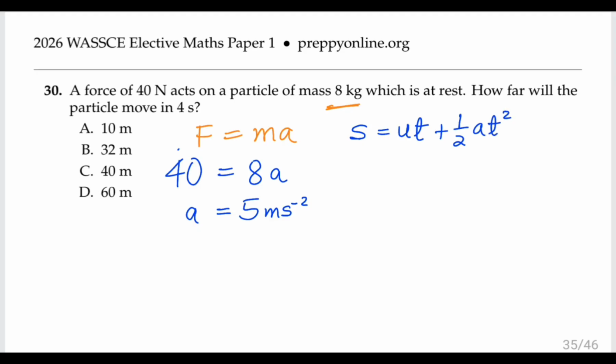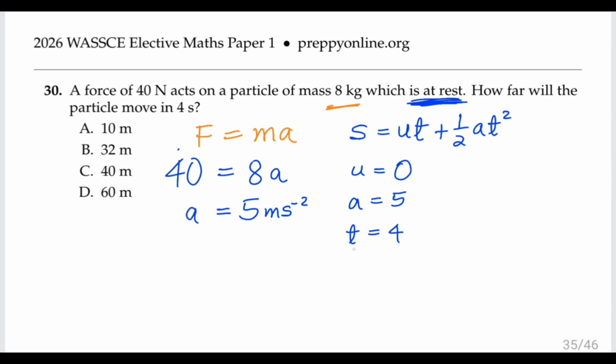So using this equation of motion, our u, which is our initial velocity, because the particle is at rest, is 0. We already found our acceleration to be 5 meters per second squared, and we are given the time as 4 seconds.